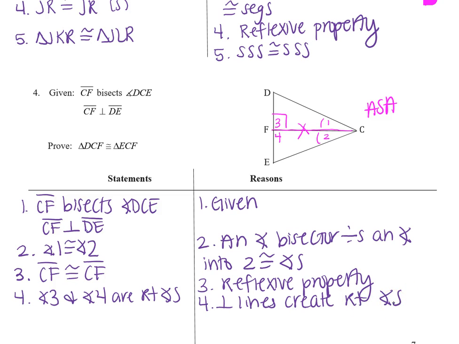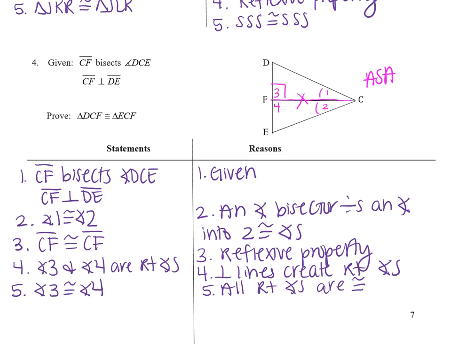Now what do I know about right angles? Well, they're all going to be congruent to each other. So I'm going to say that angle 3 is then congruent to angle 4, and that's because all right angles are congruent.